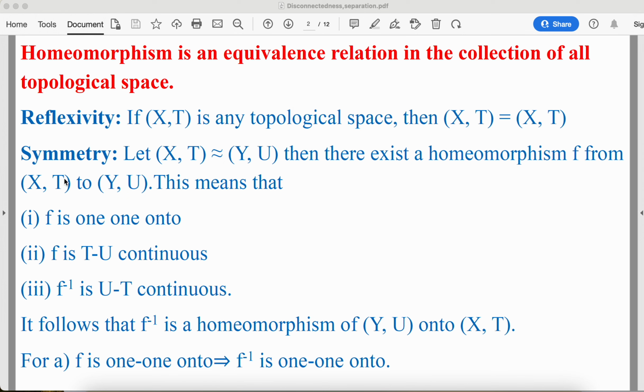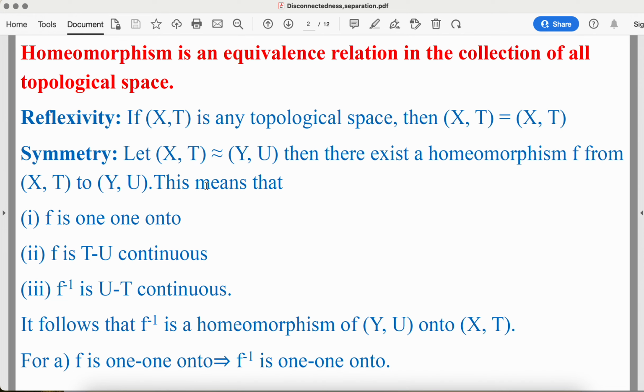So by definition of homeomorphism, it means that this f is 1-1 and onto. Secondly, f is T-U continuous and f inverse is U-T continuous.